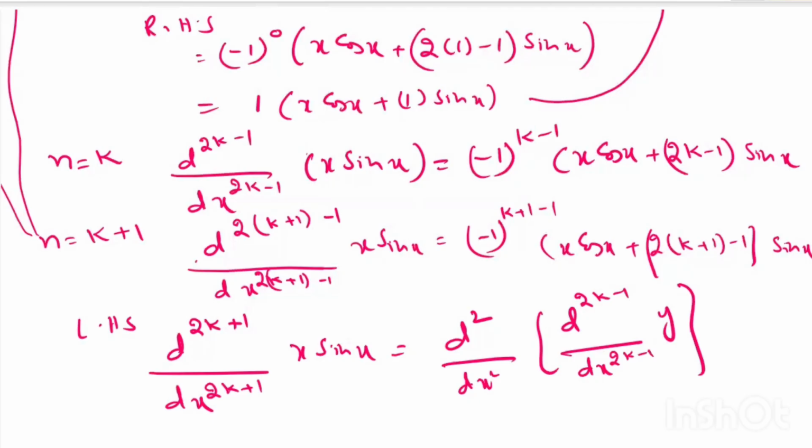How? Look at this: this is our power 2, and this is our 2k minus 1. If you solve these two, we get this. It's very easy.